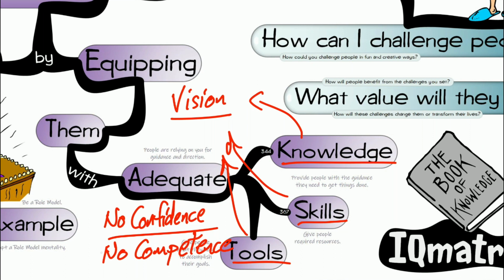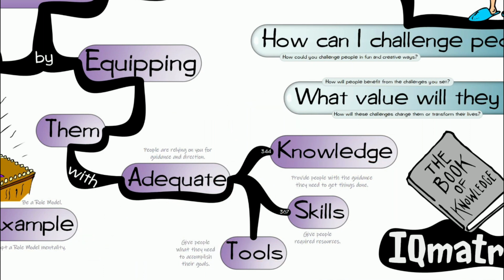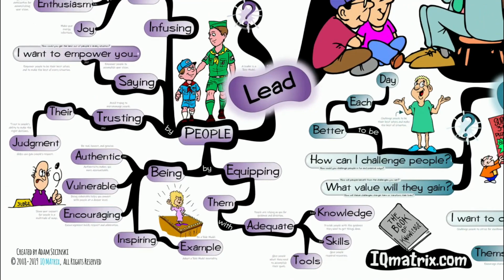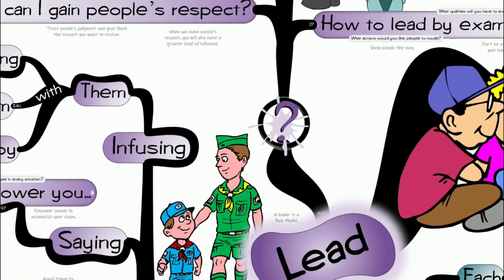So we need to raise people's level of competence, and therefore their level of confidence goes up as well. And then as their level of confidence goes up, their level of competence goes up. So this is definitely something that you need to be able to address, and we'll provide more information about this in the detailed breakdown of this branch.